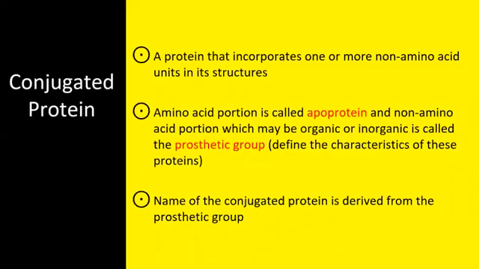And the non-amino acid portion, which may be organic or inorganic, is called a prosthetic group. When we say prosthetic group, this is a non-amino acid group that is present on the conjugated protein. So basically, our conjugated protein has one amino acid portion and an addition of a non-amino acid portion. The name of the conjugated protein is derived from the prosthetic group.